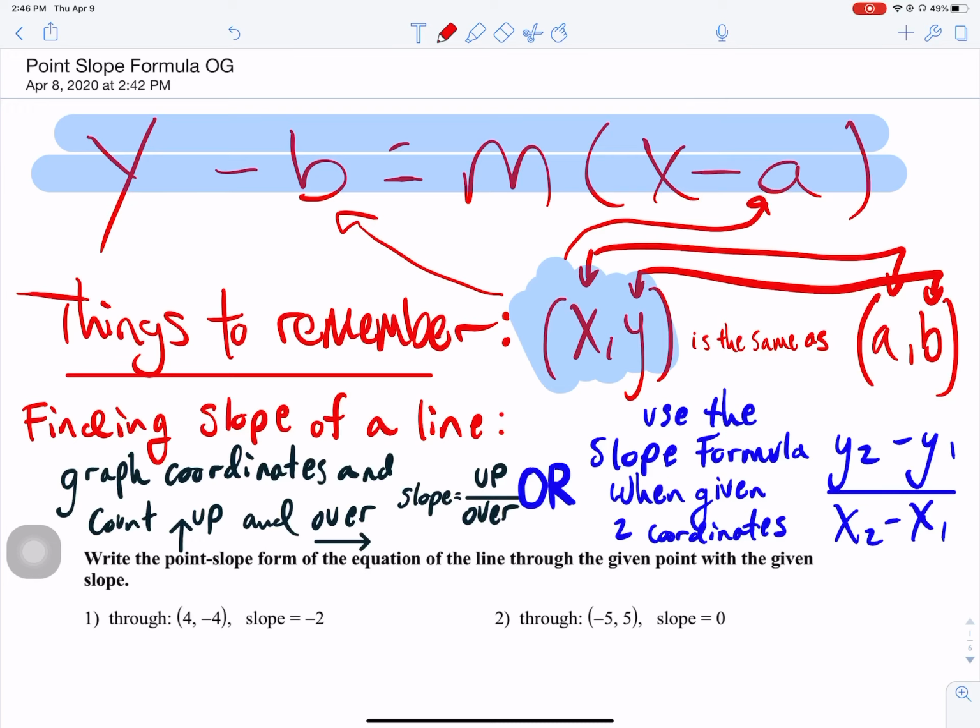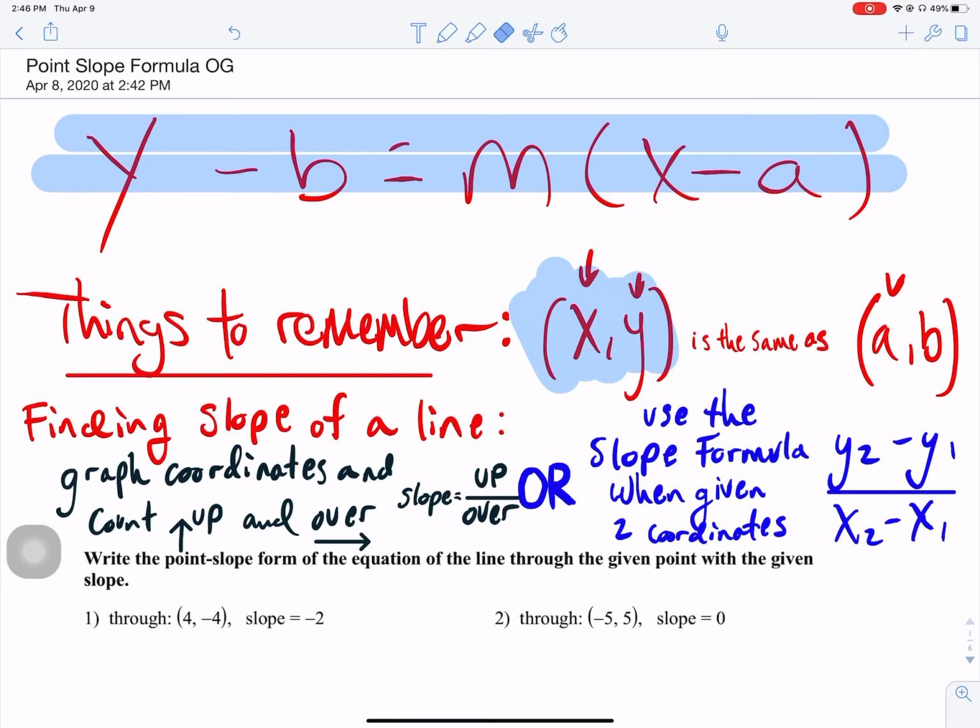The mistake people make if they're not careful is they plug the X where the X is and they plug the Y where the Y is, but that's not what we're doing for this. We're going to use A and plug it into A, and we're going to use B and plug it into B. Also, something important to note, this negative B, this negative is always going to be there, and this negative is always going to be there.